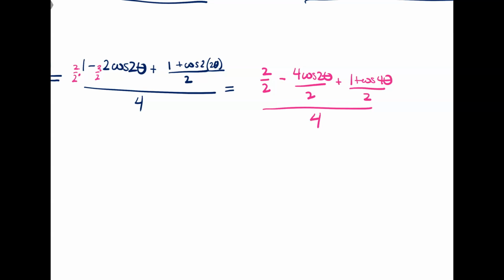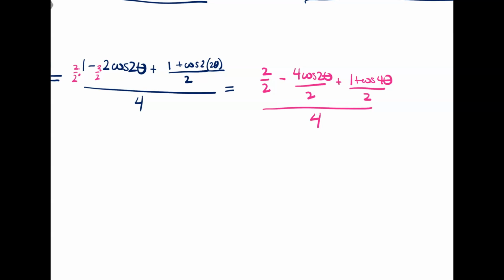Then I was using the identity that's up above. Cosine squared of an angle is equal to this whole expression, but it's 2 times whatever angle you plugged in. Since I plugged a 2 theta into the identity, my original angle was 2 theta. So now I'm doubling it instead of power reducing.